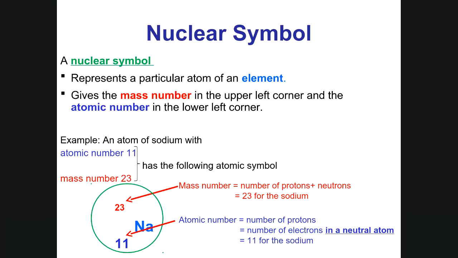If you look at the sodium, I don't see any charge. I don't see sodium plus, or 3, 2, 1 plus, 2 plus. I don't see any sign on the top. So that means the element doesn't have any charge.